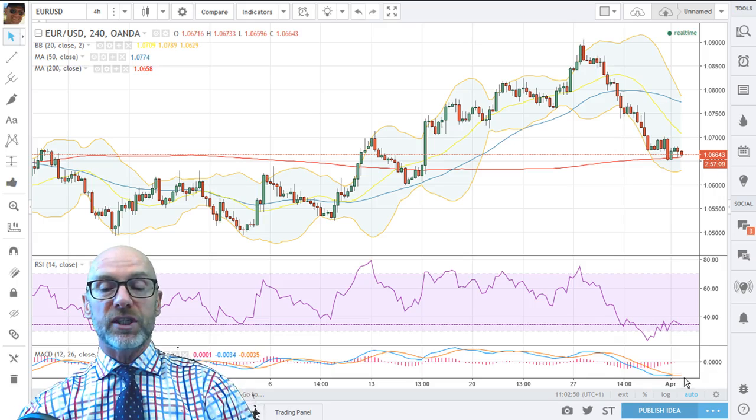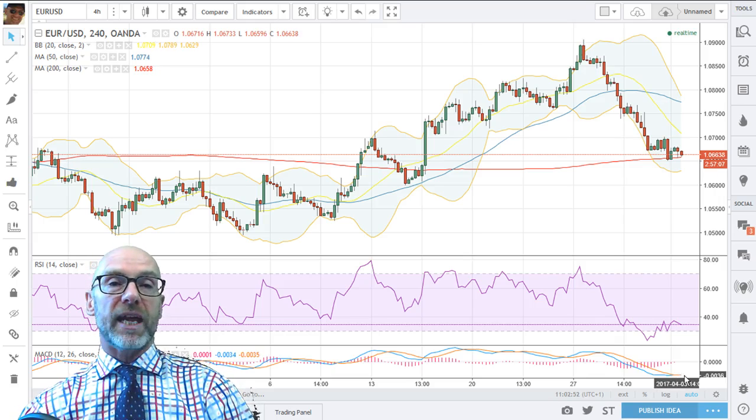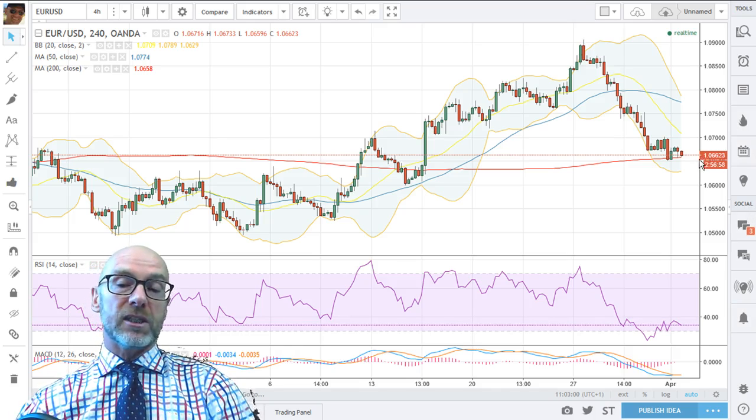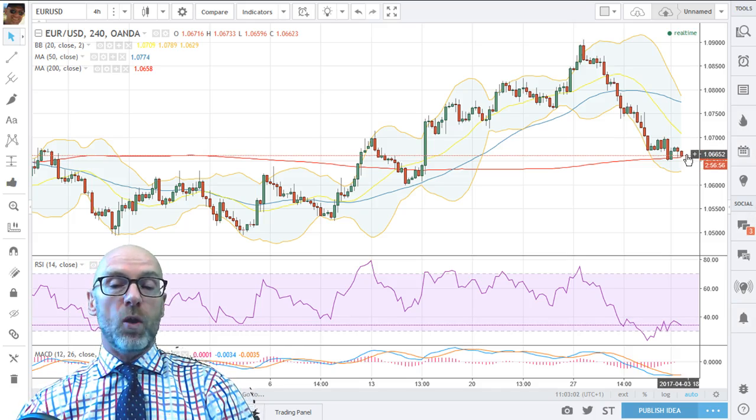And on the MACD, you can see here it's now going flat again, a slight potential sign of a base building in progress.